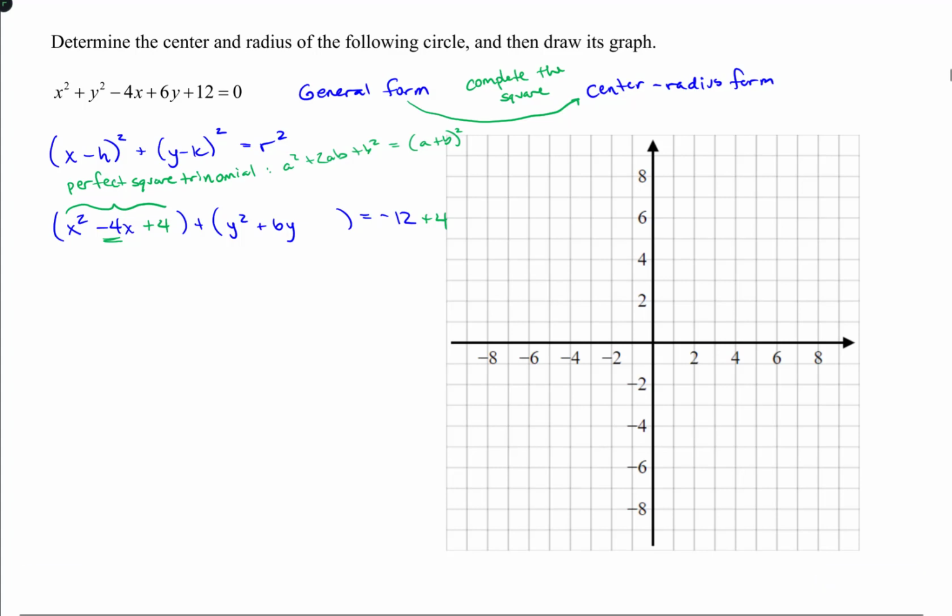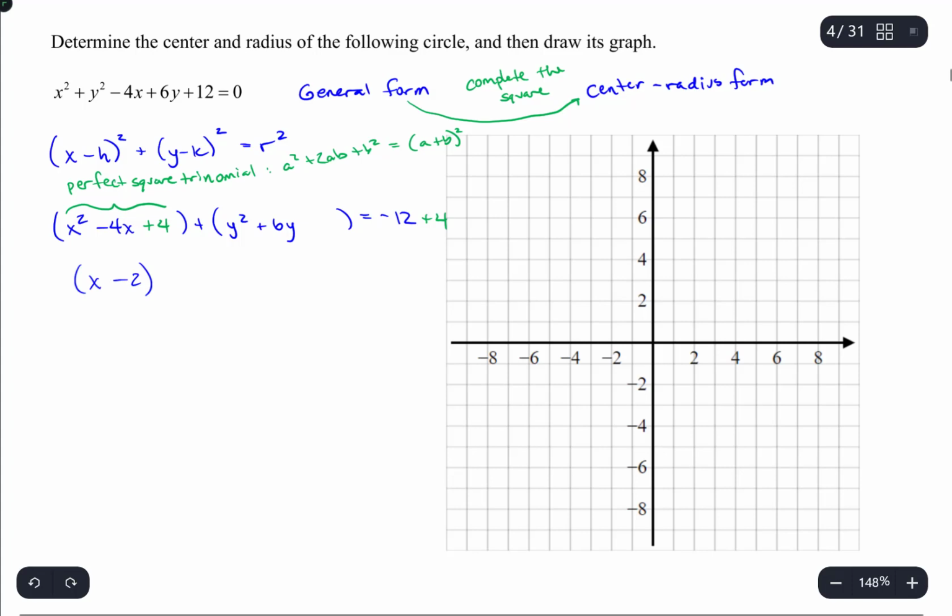Now, in order to get that to happen, all we have to do is just take half of this number and write x plus half of that number, quantity squared.